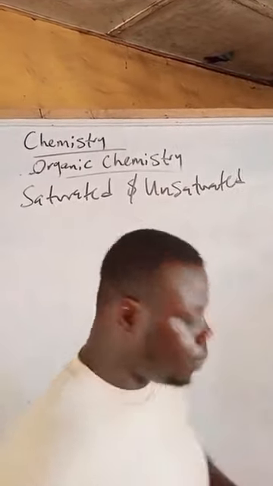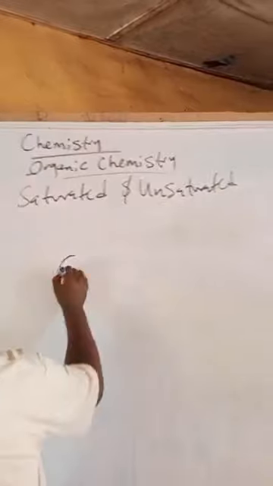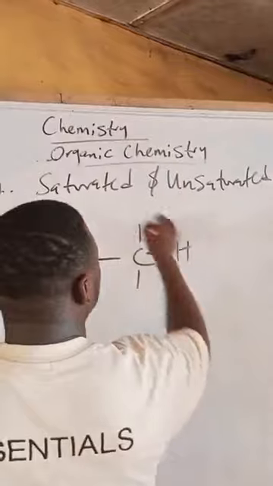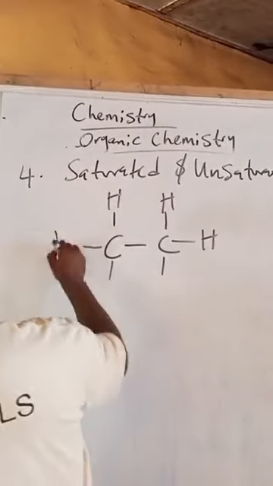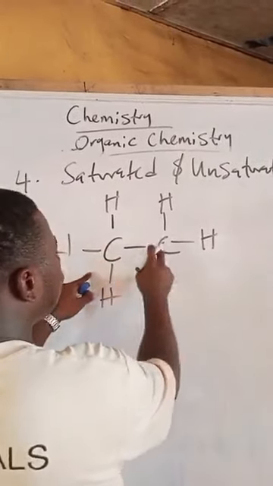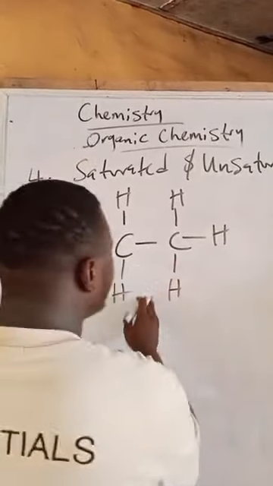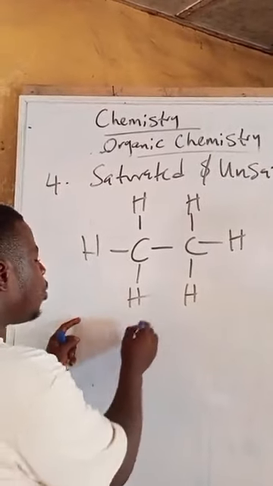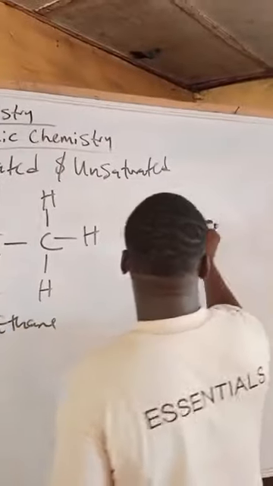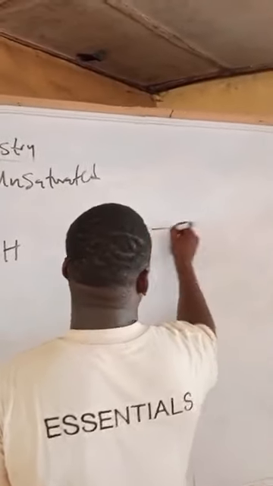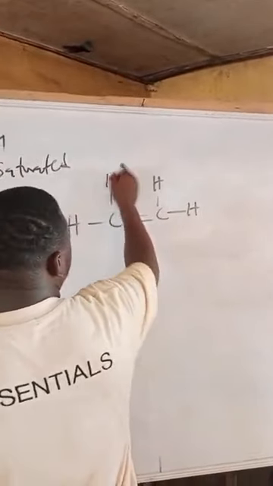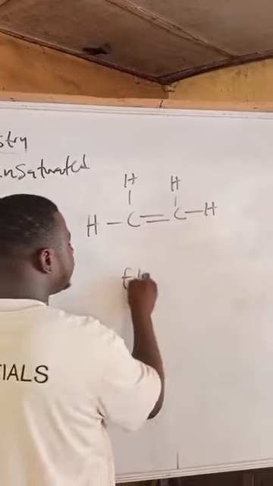Let me show you what I mean. Now, for example, if I have this, this is ethane, right? The number of carbon atoms is 1, 2, so eth. What is the functional group? The functional group is alkane. When you add it together, it is ethane. Okay, let's keep going. Then I have something like this. This is eth as well.